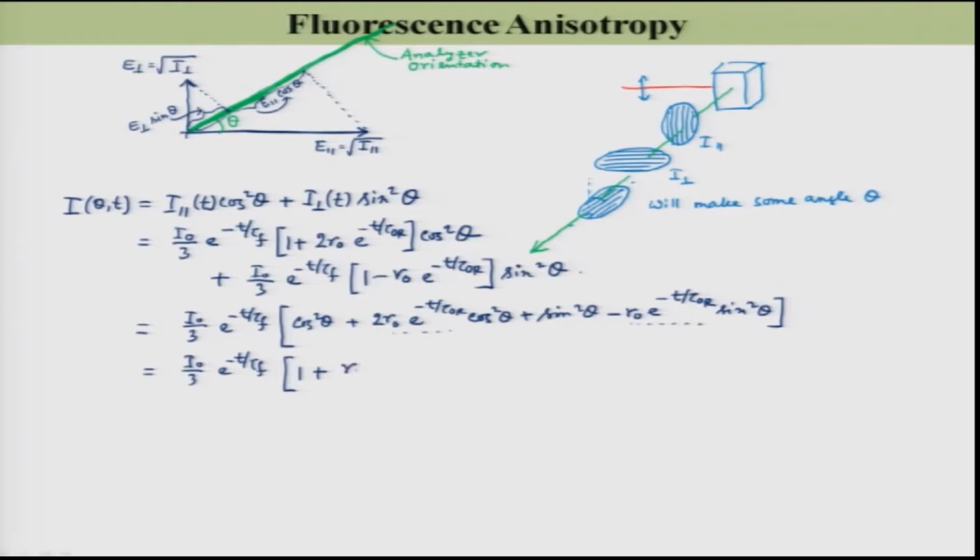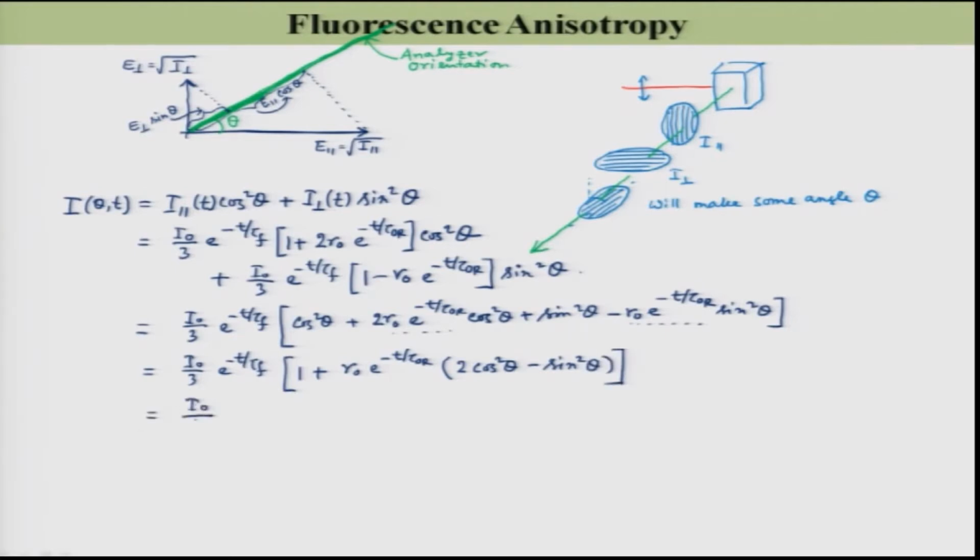So, then let me write r 0 e to the power minus t by tau r, right, and then this will be 2 cosine square theta minus sin square theta. So, 2 cosine square theta minus sin square theta. Okay, I am almost done.